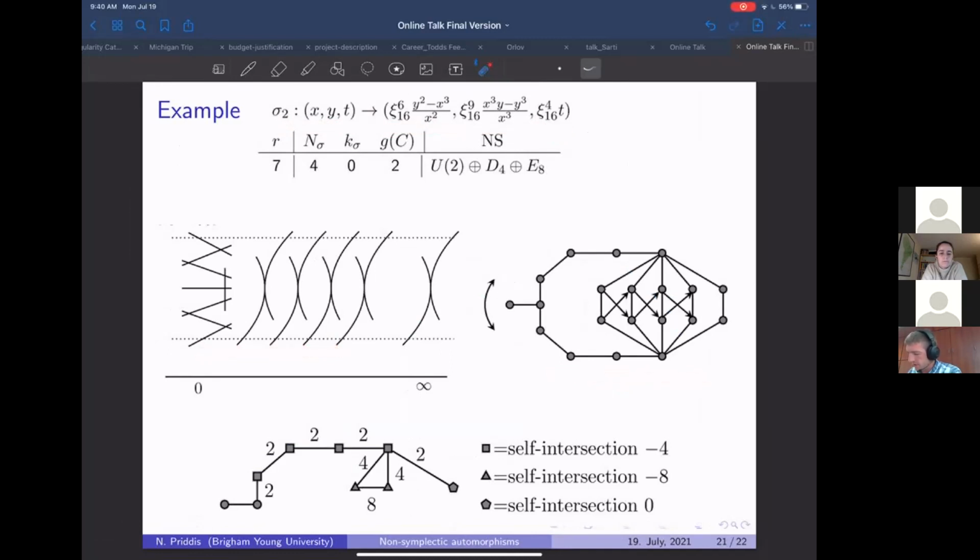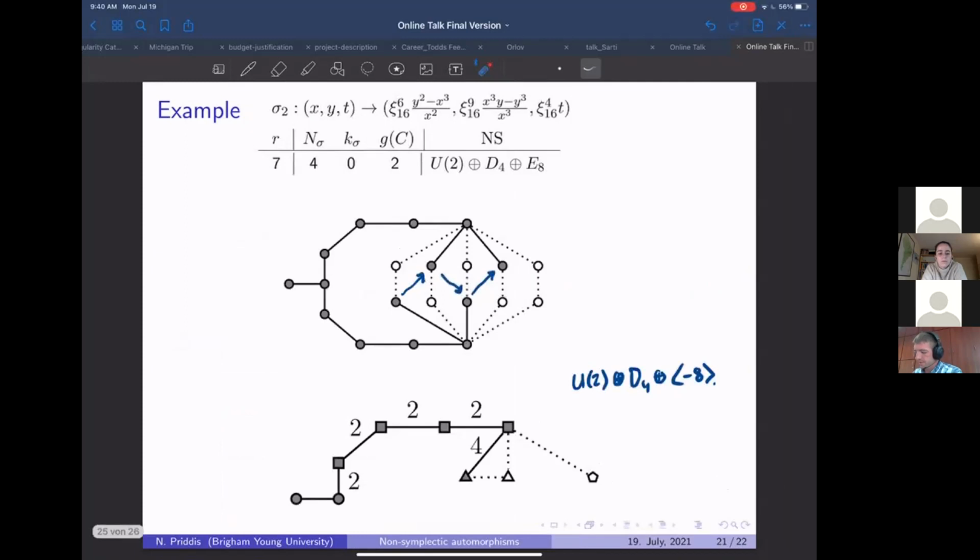Well, since it sort of flips these 2 up and down, these 2 added together will give me this curve here. These 2 curves added together will give me this class here, etc. And so this graph here is somehow representing the invariant lattice, but again, there's redundant curves. There's too many. I should have only 7. The rank is 7, so I need to find 7 curves that generate. And so it turns out I can get rid of those 2.